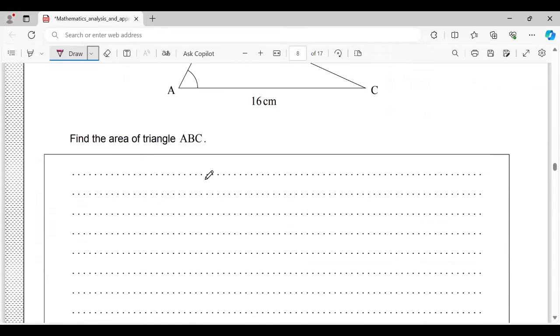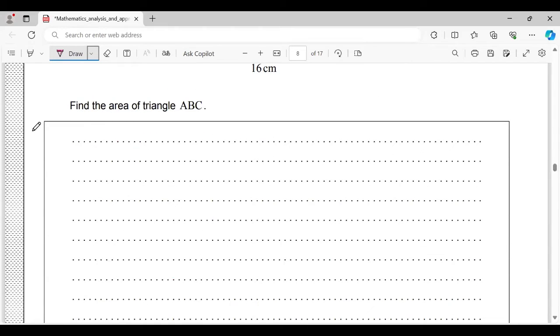First, we have to find the value of sine BAC. AB is square root 15 centimeters, AC is 16, and cosine BAC is 1/4.